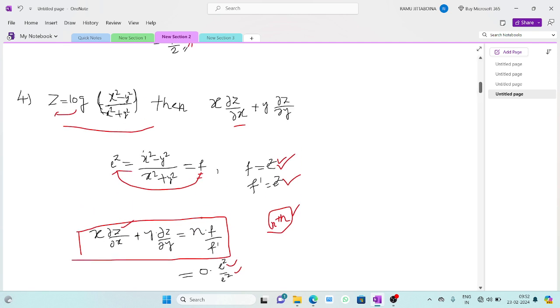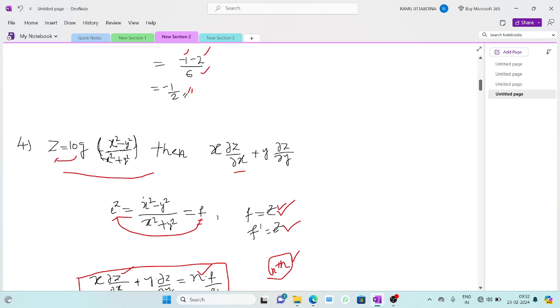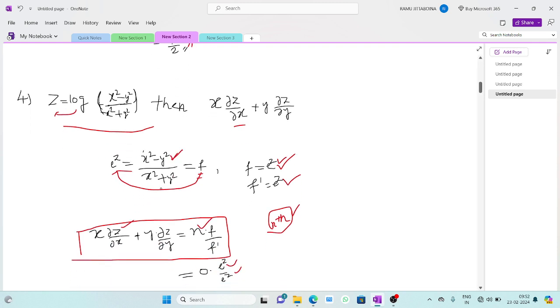Now you need to ask, what is the value of n? We have to find the homogeneous order.